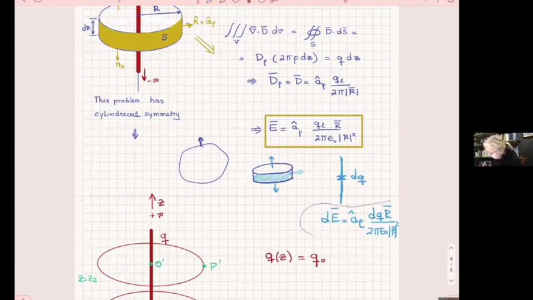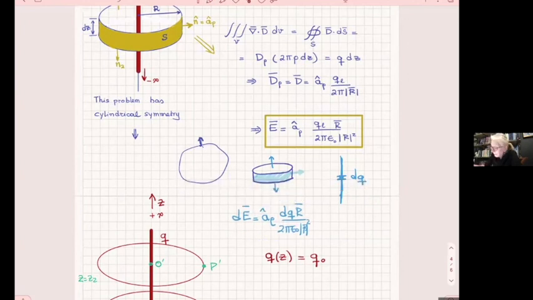Then I would have to find the total field. How would I find it? I would have to integrate dE from minus infinity to plus infinity. And mathematically, you will come out with an infinite number.